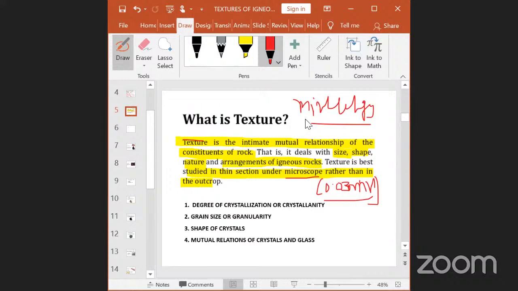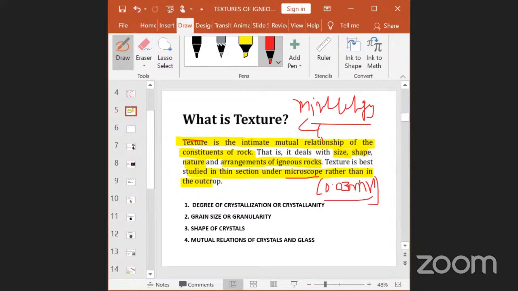And also chemical composition, and it provides information that we may use to interpret the rock's origin and history. So it is important for us to be able to recognize and describe the textures of a rock, and to understand how they are developed, right?